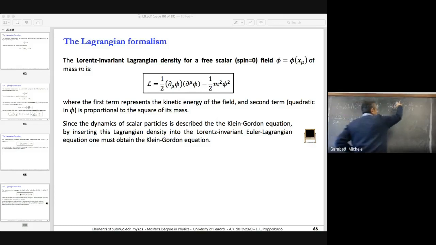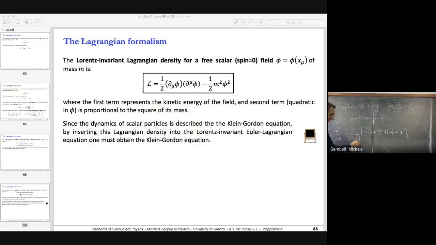Now we attack the part in the big parentheses. So we have dL over d of partial mu phi, that is the derivative with respect to partial mu phi of our Lagrangian density, so 1/2 partial mu phi partial mu phi minus 1/2 m squared phi squared.